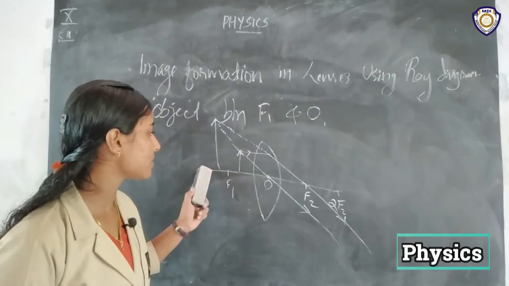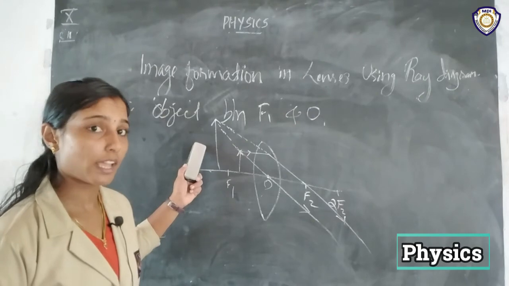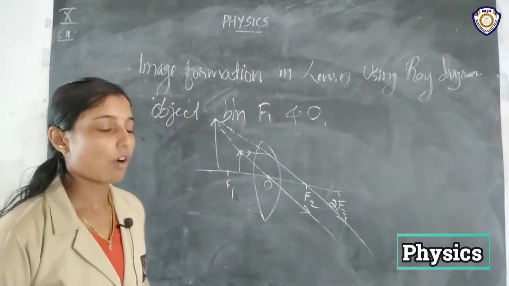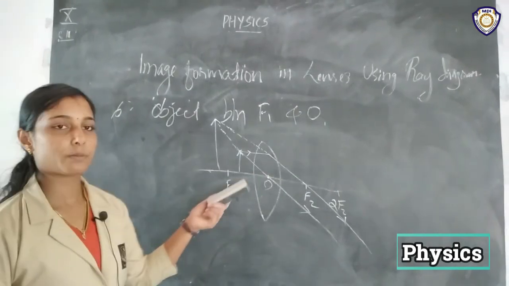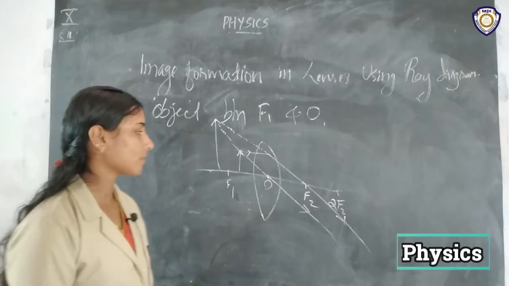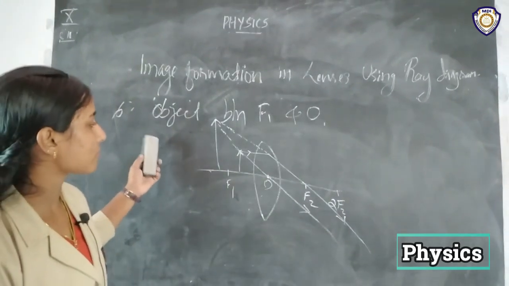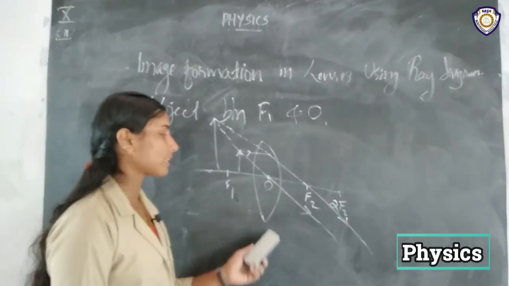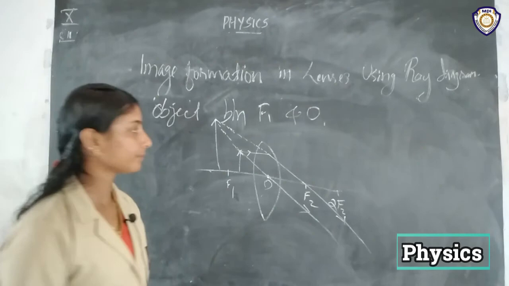So the image formed will be virtual and erect, and it is on the same side of the lens as the object. Okay, so those are the ray diagrams for a convex lens, where the object is placed in different positions, right?